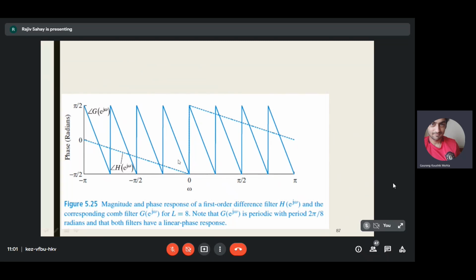The original phase response of H of z was this dashed line, an odd function of frequency. You see that these are the replications, and G of e to the power j omega is periodic with period 2 pi by 8 radians. Both the filters have a linear phase response.